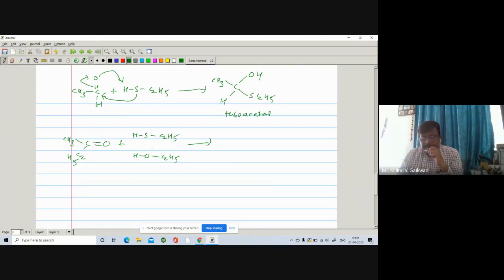So here you can get a corresponding compound like this one, that is CH3. Here is a carbon. We can write the ethyl group. Et means ethyl, and instead of O there is a sulfur, right?